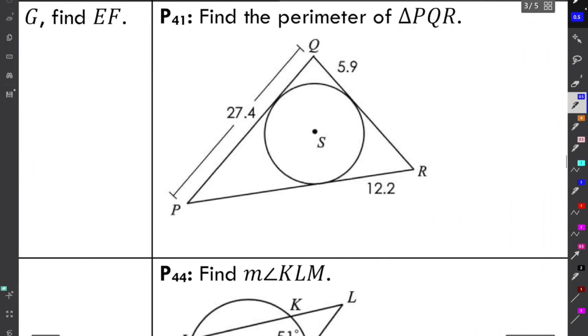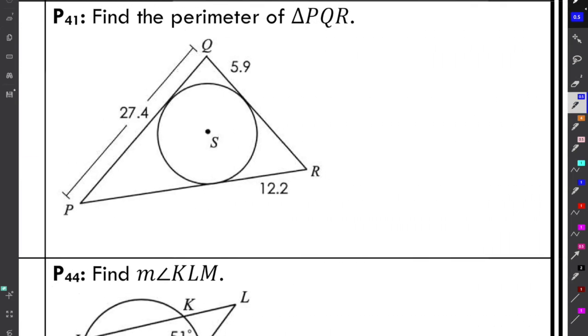All right, number 41. Find the perimeter of triangle PQR. Okay, so this is a circumscribed shape, right? Meaning that every side is tangent to the circle inside of it, which is very useful. Remember, we know that tangents coming from the same point are equal. So since this is 5.9, 5.9, okay, that means this is 12.2. And then to find these two parts right here, I know the whole thing right here is 27.4.